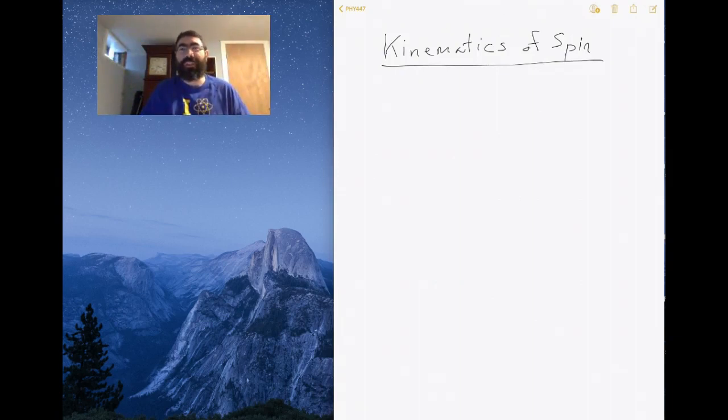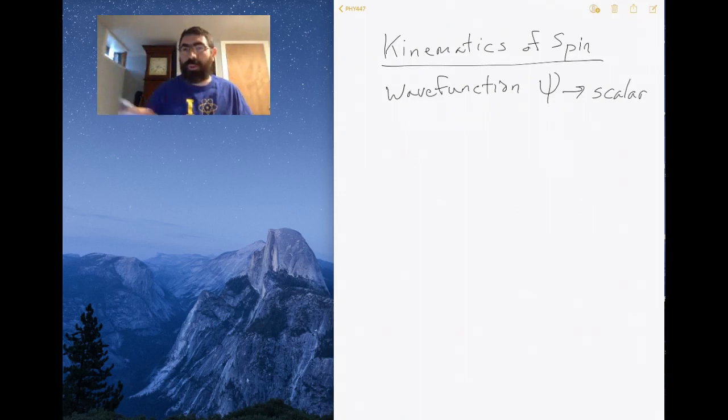In everything we've done so far, in all the cases that we've studied, we always consider the wave function psi to be a scalar.